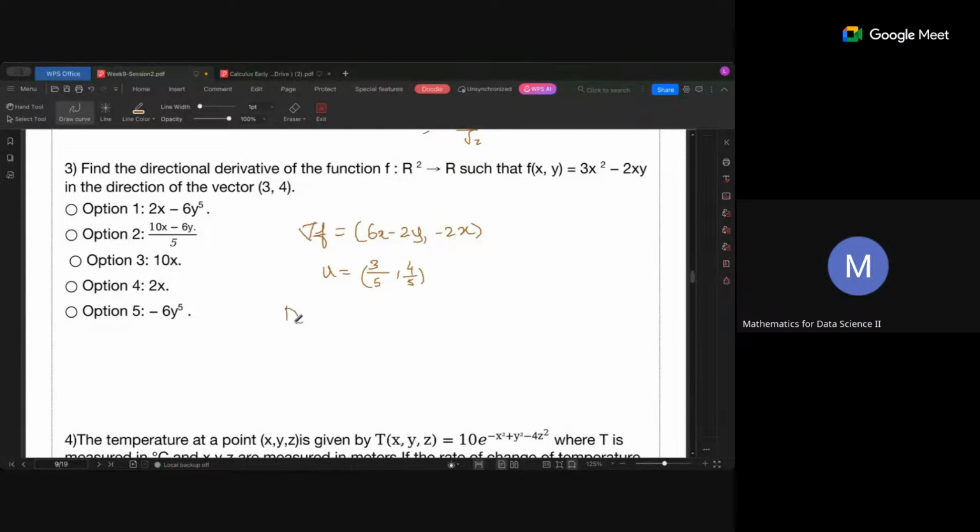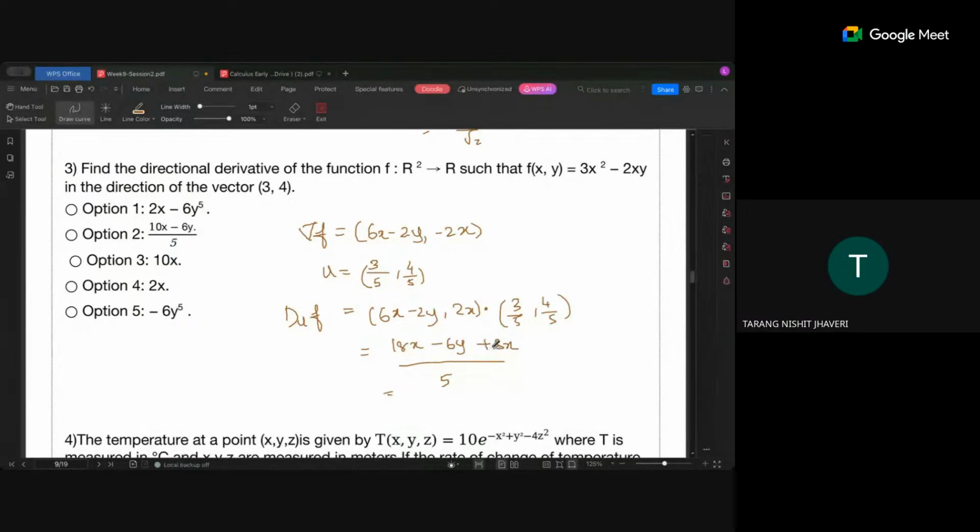So what is the directional derivative of f along u? What is the answer? (18x minus 6y minus 8x) by 5, that is (10x minus 6y) by 5.